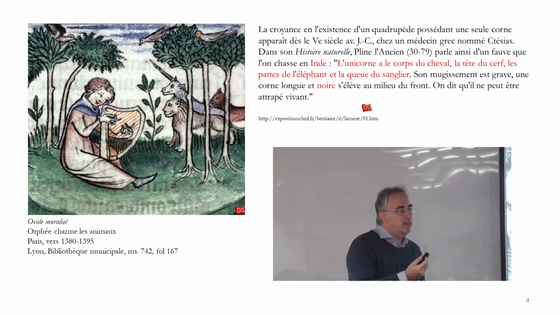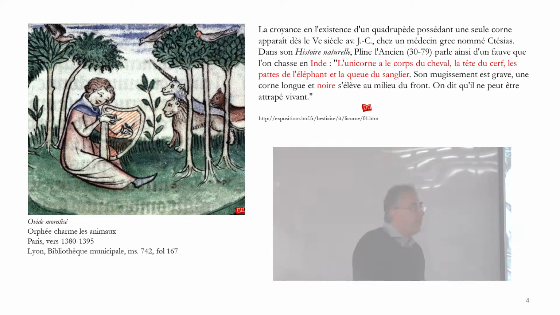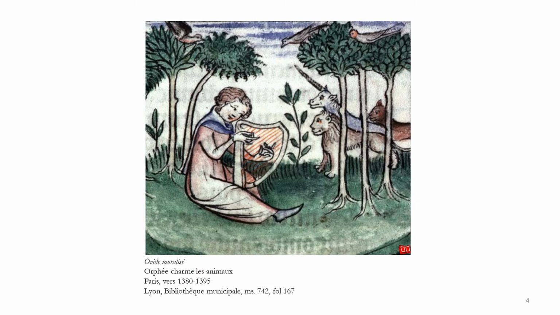And this is a good opportunity for the authors of this site, a site of the National Library of France, to introduce us to the image of the unicorn in classical times in Greece and Rome. They remind us that we find an early mention of the unicorn with Pliny, that is, in the 1st century of the Christian era, and the unicorn is described as coming from India and is a composite animal.